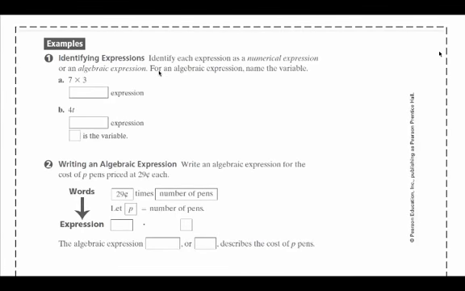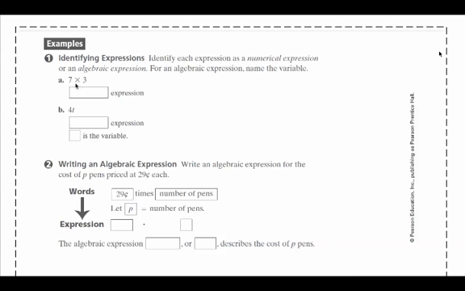Okay, now we're going to look at some examples of what you're going to be working on tonight for homework or tomorrow for homework. We're going to be identifying expressions. We're going to identify each expression as a numerical expression or algebraic expression. Remember, algebraic means that it contains a variable.